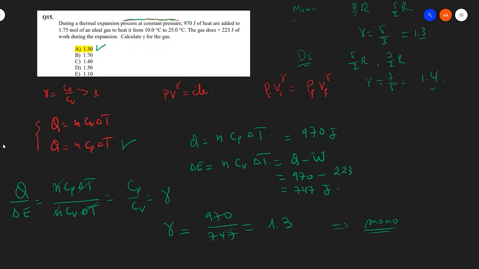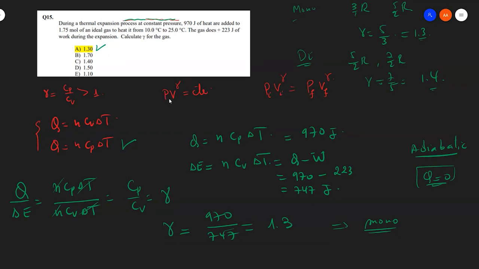This is not an adiabatic process, right? No, this one is a constant pressure process. In an adiabatic process, Q is equal to 0. For sure, you use gamma when you have an adiabatic process, but you can extract the value by using an additional process where you have a constant pressure, like here.